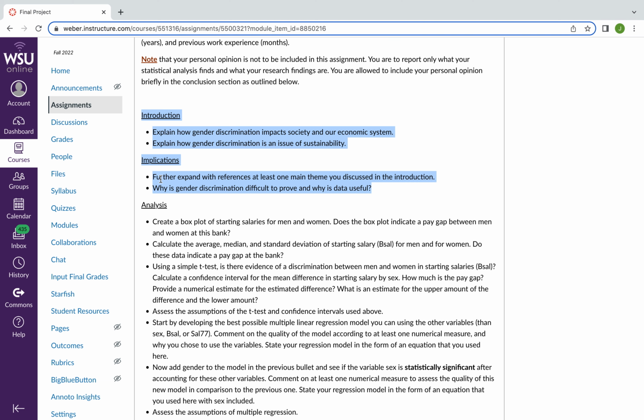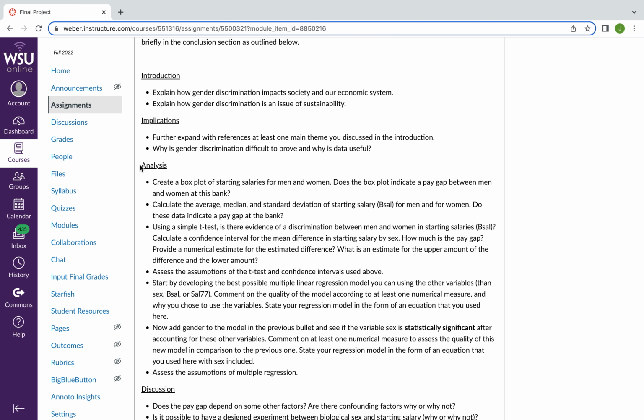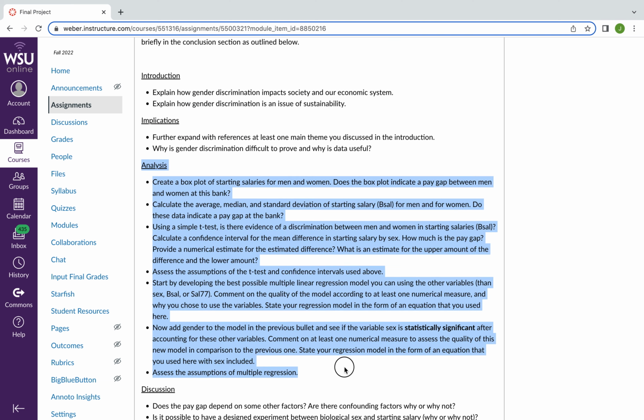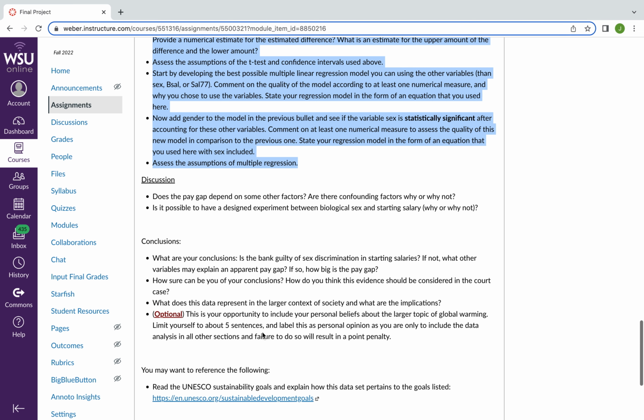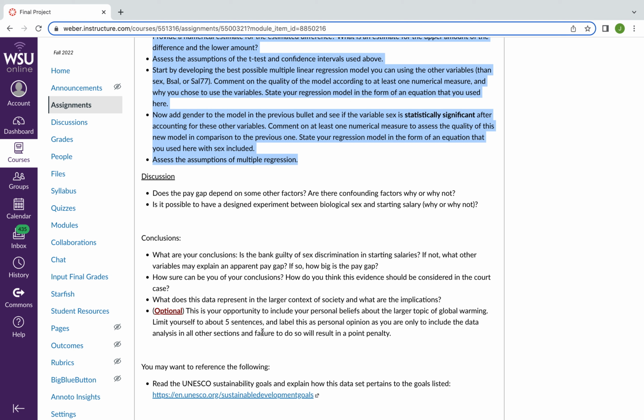There's an introduction, there's an implication. Then very important is the analysis. Okay. Then finally, discussion and conclusion. These bullets have a lot for you to fill in, and more so than the Salt Lake City temperature project. This project requires more, I believe, but that's up to each individual student to decide.